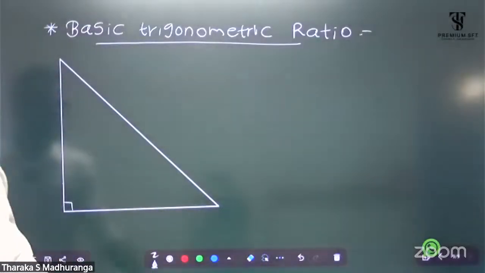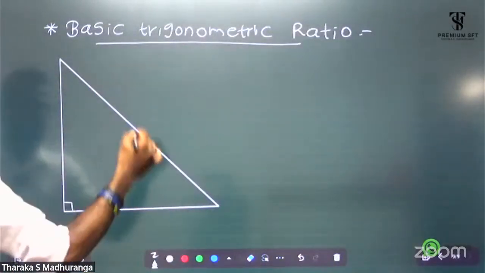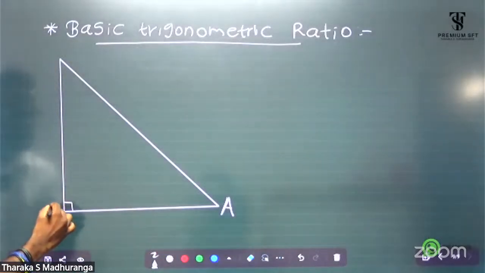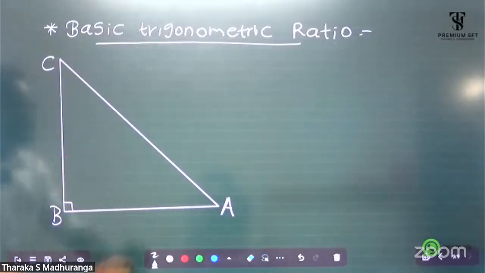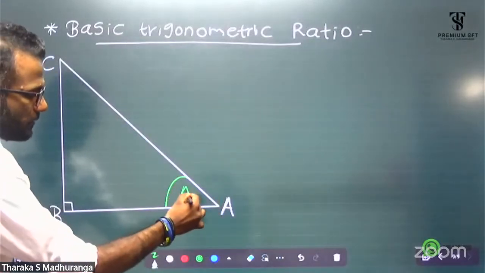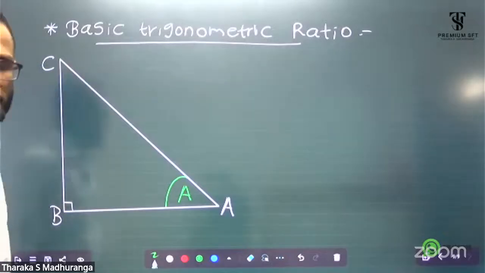Okay, now this is A. Start here like A, B, and C. According to standard notation, this is A angle. This is the right angle.